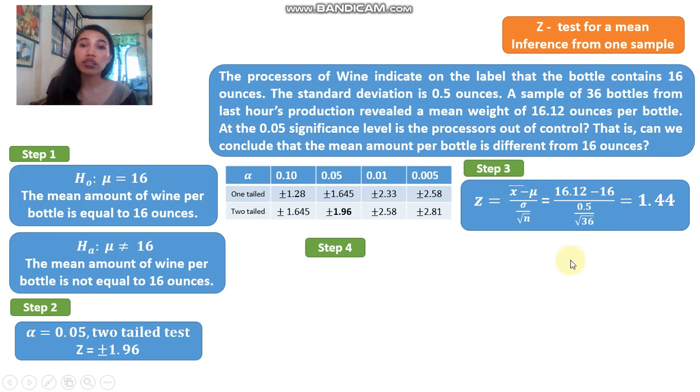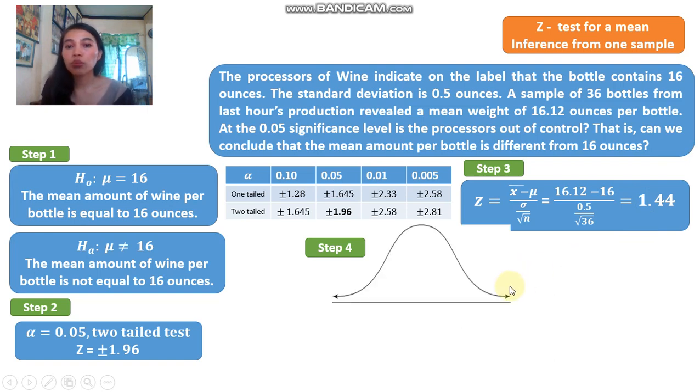Step 4 is the decision rule. So this is a bell shape, no? The bell curve. We need to plot first for a visual representation. We plot the critical values, negative 1.96 and positive 1.96, and we shade this section.